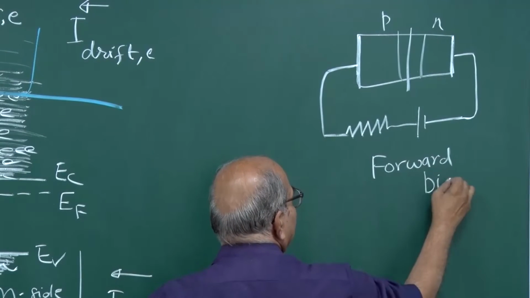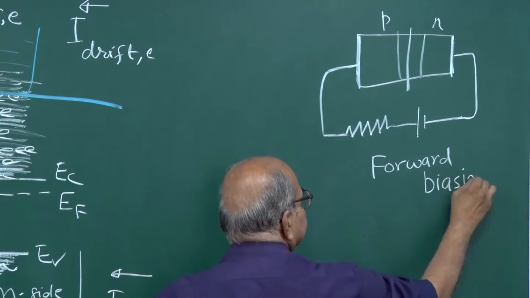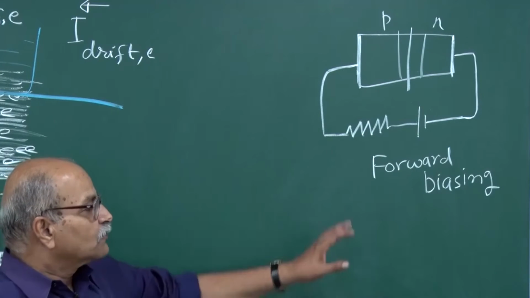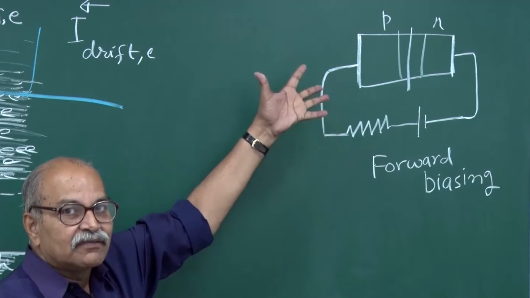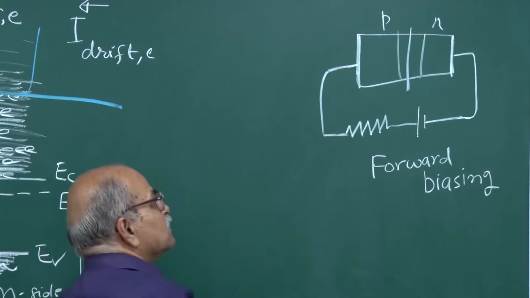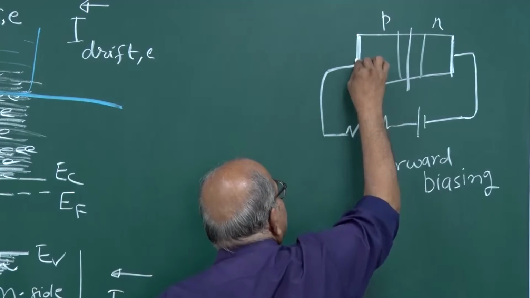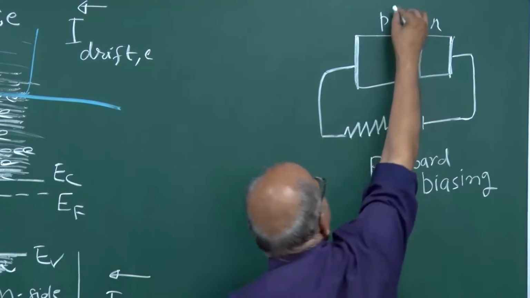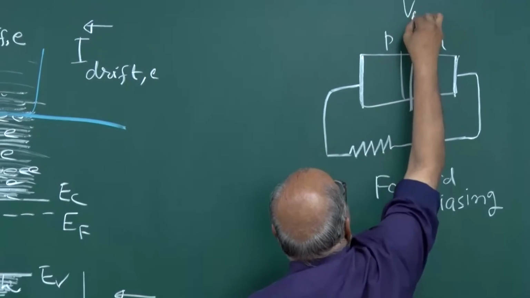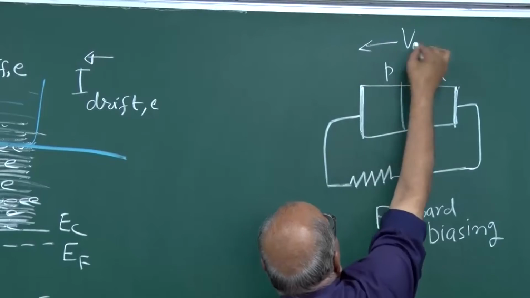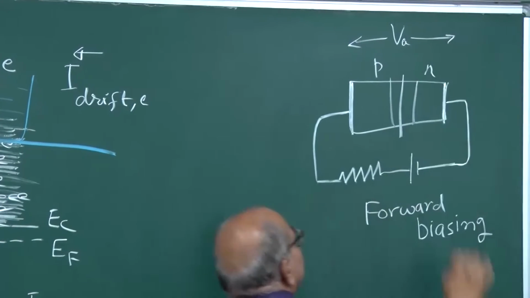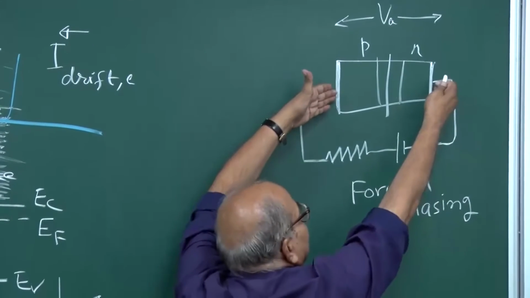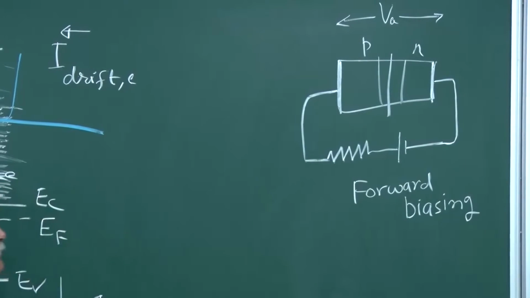This PN junction is called forward biased in this situation. Suppose the potential difference that we are imposing through this external circuit is, let's say, VA. This is V applied, but applied means what is actually applied on the junction.